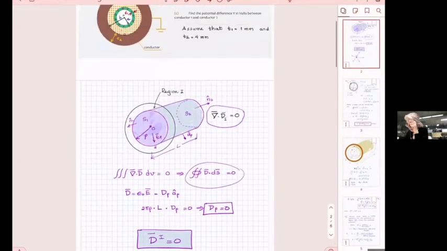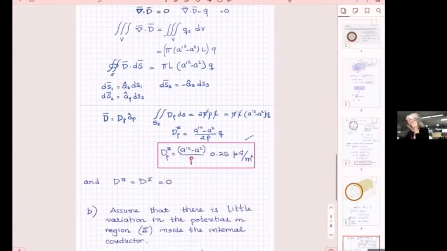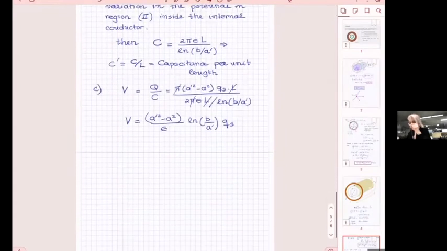Well, how did we find the capacitance of a coaxial? Didn't you just use that equation over there, C equals 2 pi epsilon L? Yeah, but how did we find that? There was some kind of integration. Yes. What did we do?